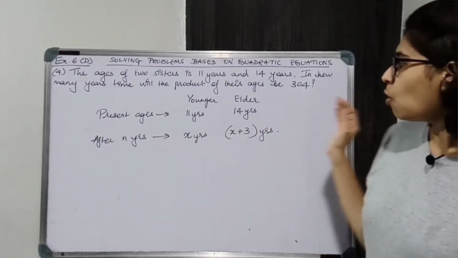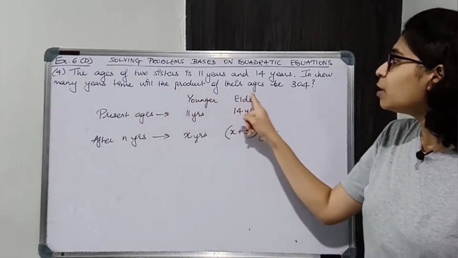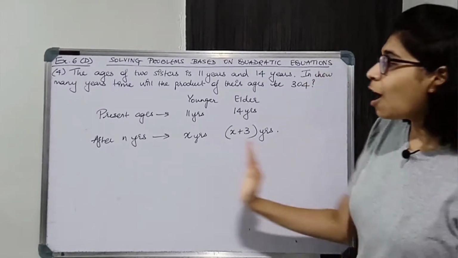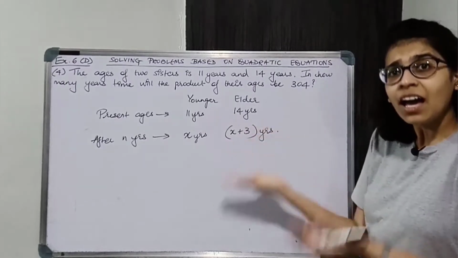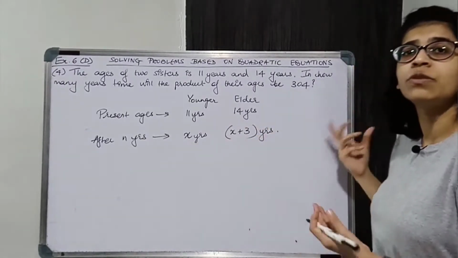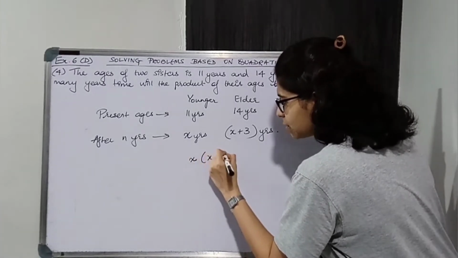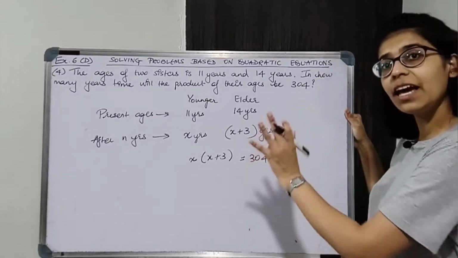Okay. So now, in how many years time will the product of their ages be 304? So we have assumed after n years their ages will be so and so, and the product of their ages will be equal to 304. So x into x plus 3 is equal to 304 after n years.